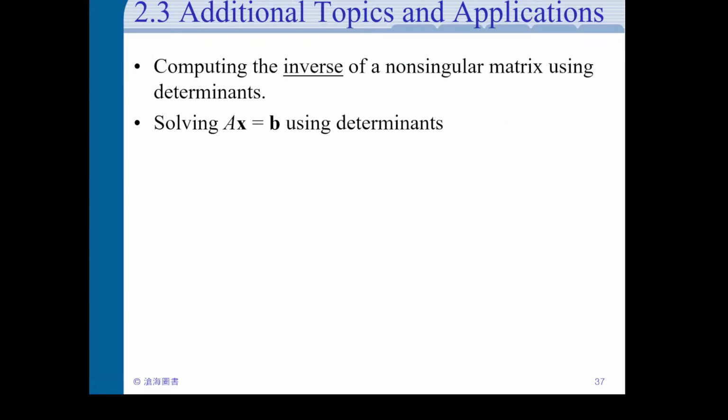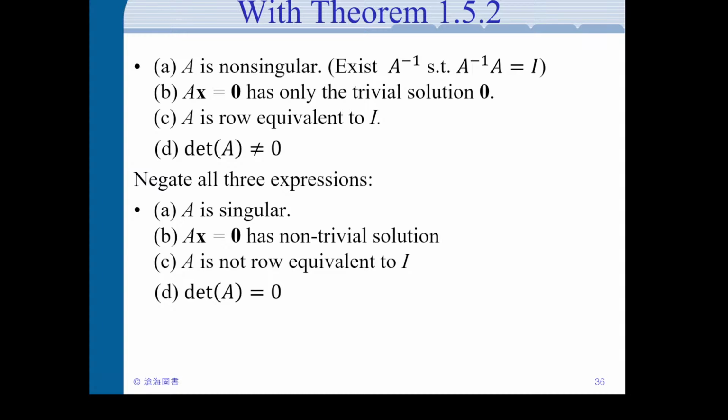Or I guess we can also write Ax = b has a unique solution. Okay. And then the third one is that A is row equivalent to the identity.